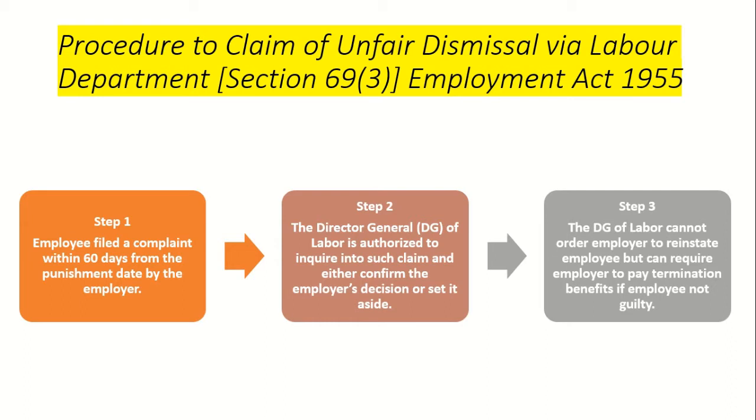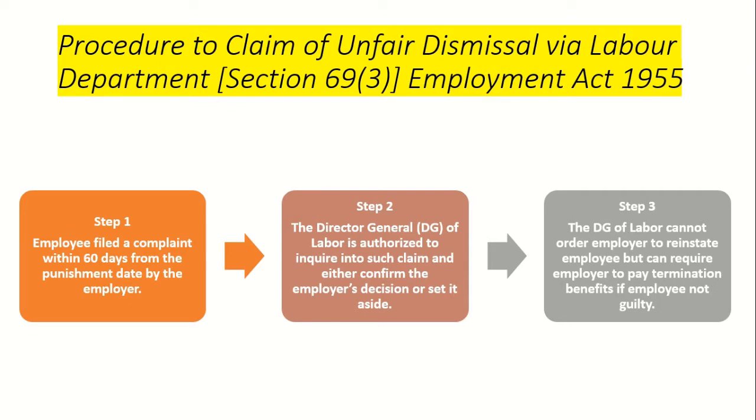The first one is procedure to claim of unfair dismissal via Labour Department using section 69B of the Employment Act 1955. The first step is the employee need to file a complaint within 60 days from the punishment date by the employer.